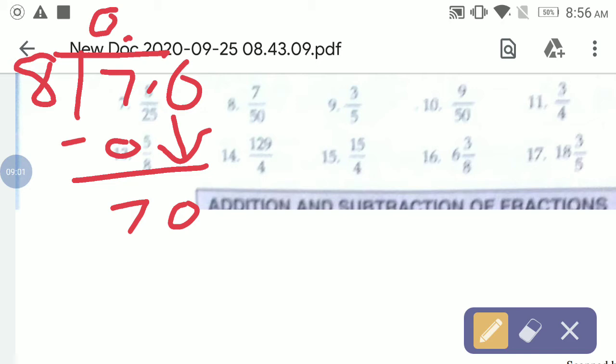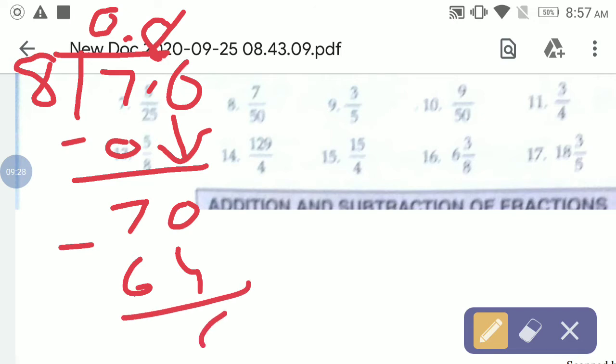Now as it is becoming 70, now you have to think for the table, that how many are 70. Does it come in the table of 8, 70, 8 8s are 64. So 8, that will be 64, and you will get here 6 as a remainder.